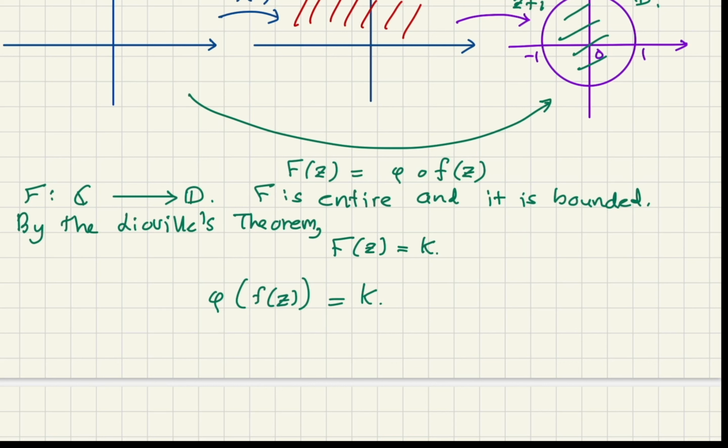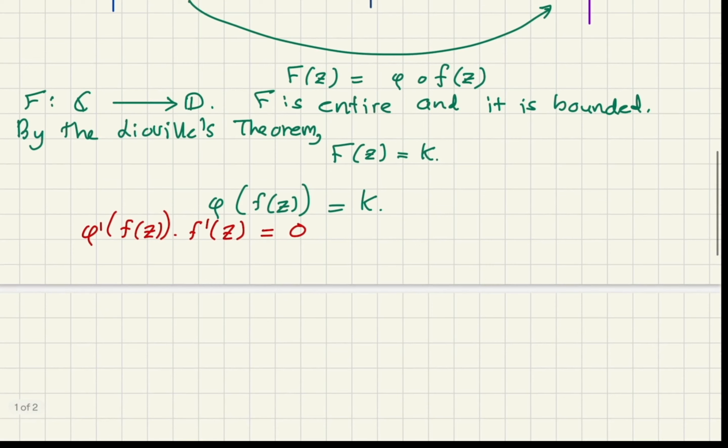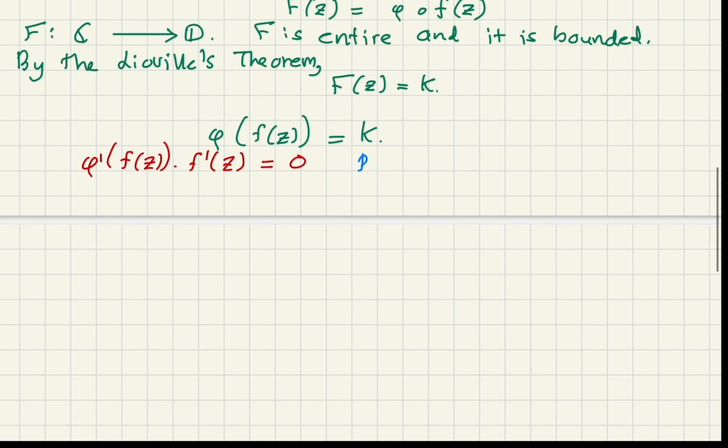Now I would take the derivative of this function on both sides. Then what would I get? Phi prime of f(z) times f prime of z is equal to 0. But I know that both phi and f are one-to-one functions, so their derivatives cannot be 0.